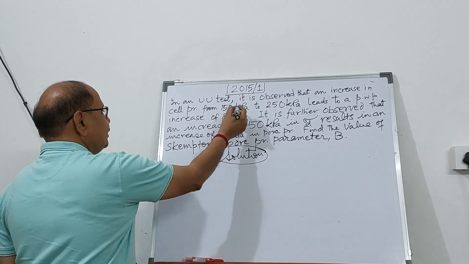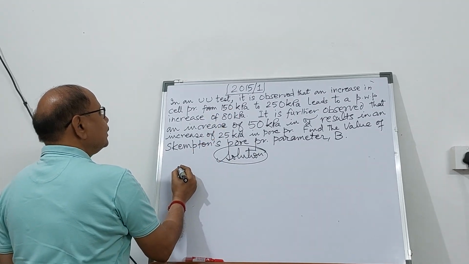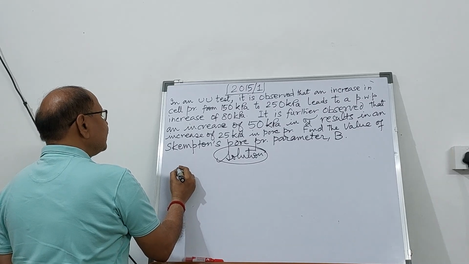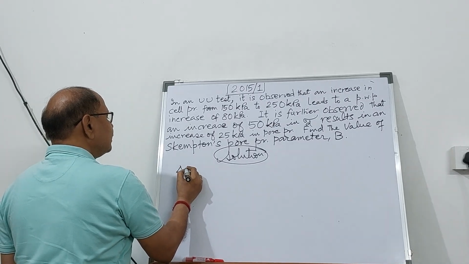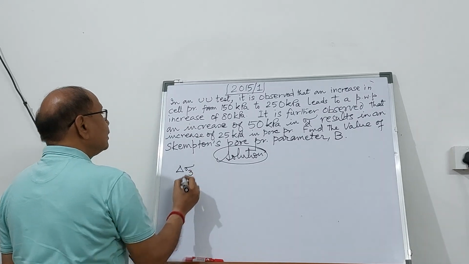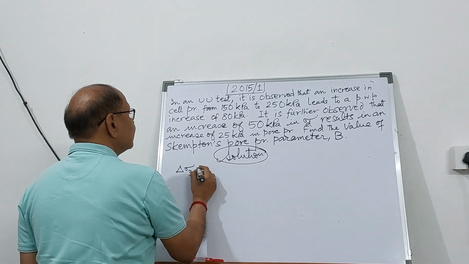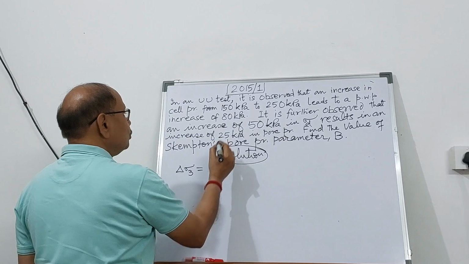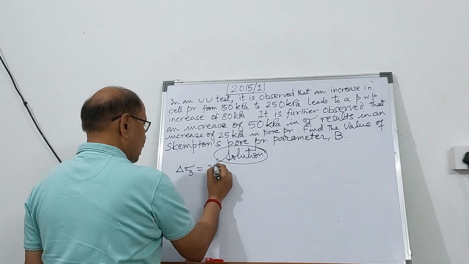So what is the increase in the cell pressure? The increase in cell pressure, delta sigma 3, is given to you.